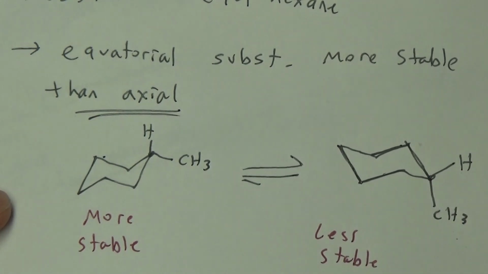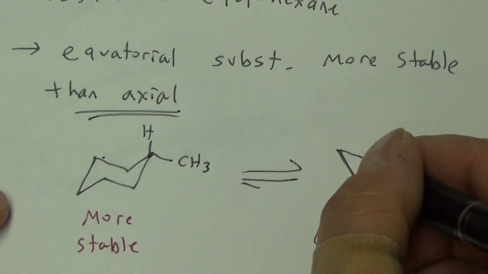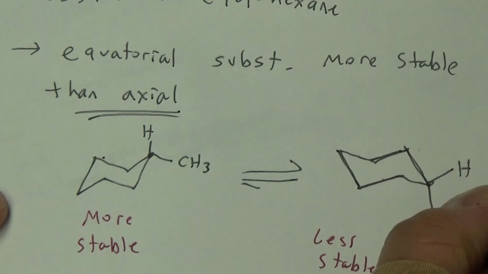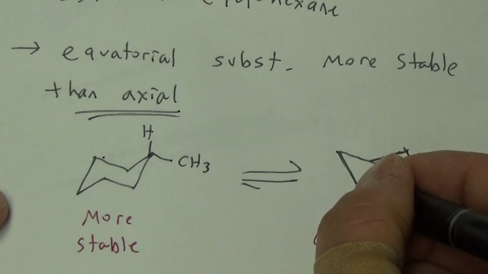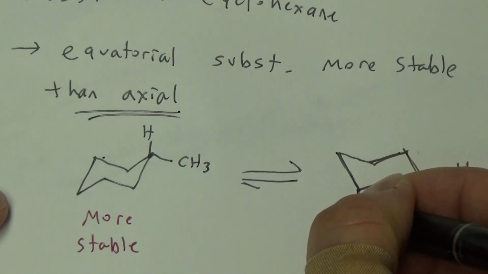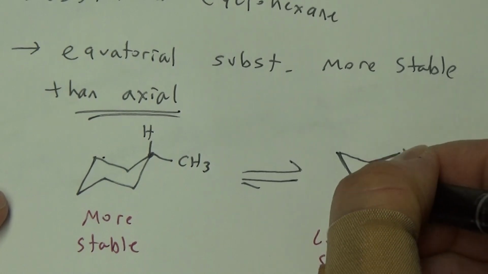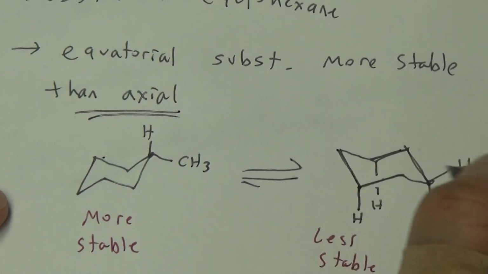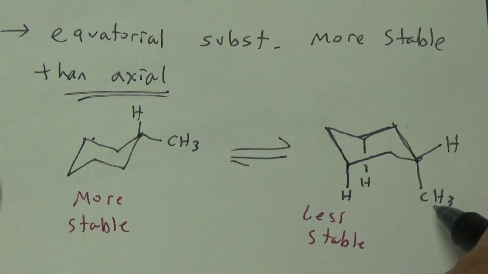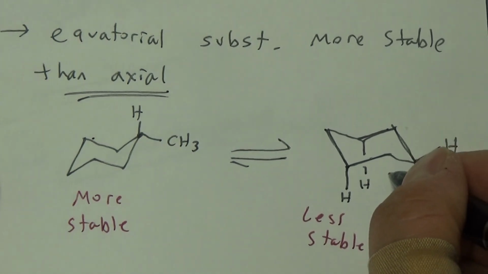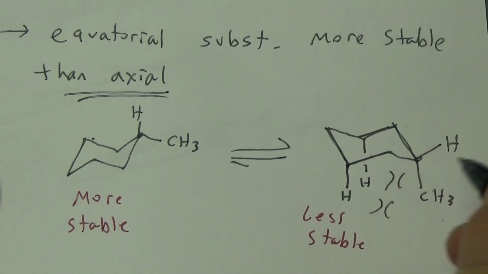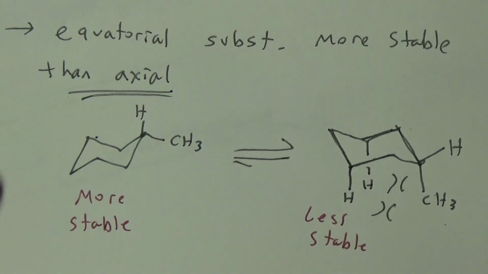Why is the right side less stable? It's an interaction between the CH3, which is down in axial, and this H and this H in the distance. The CH3 gets in the way of those other axial substituents.